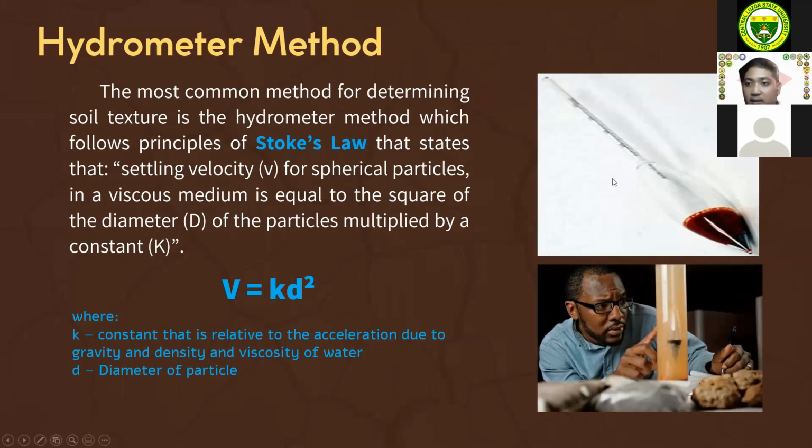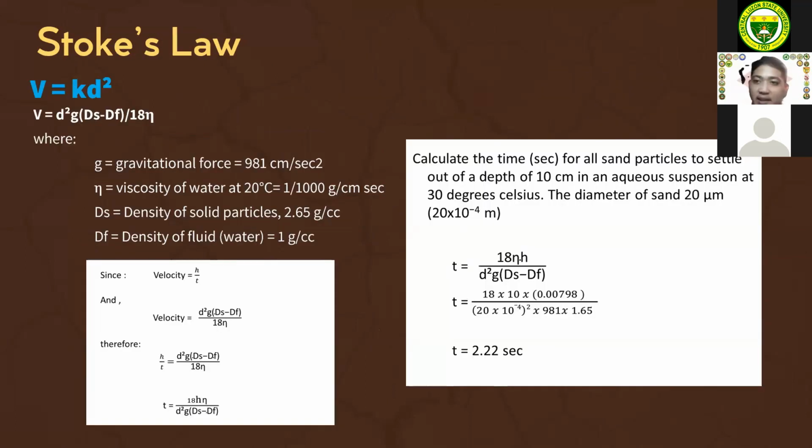So if you haven't seen yet a hydrometer, ito yung tsura ng hydrometer natin. For you to understand the Stokes Law, the K value here is the gravity, then the density, and then the viscosity with the 18 constant value here. So yun yung K natin.